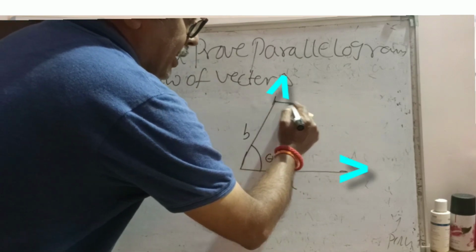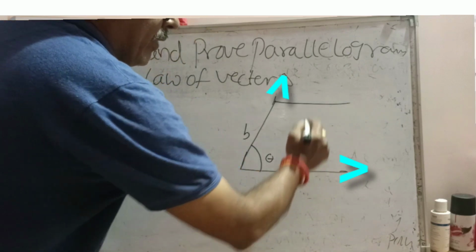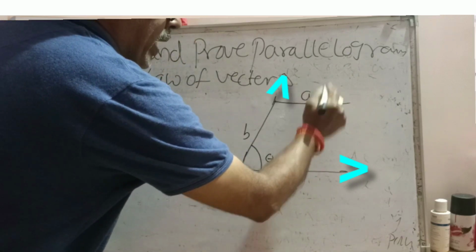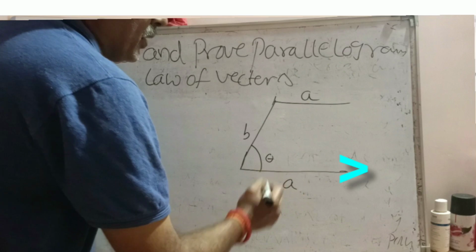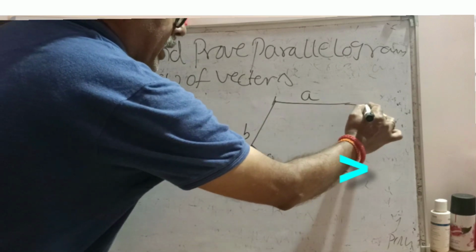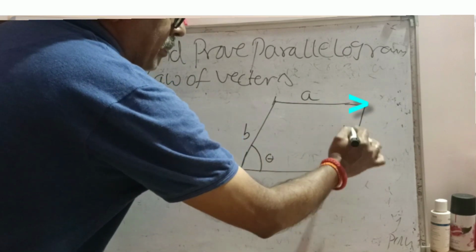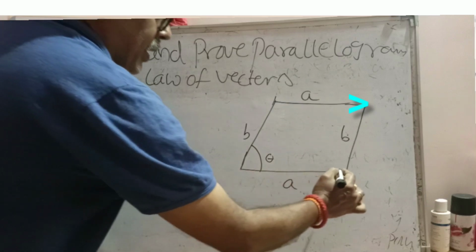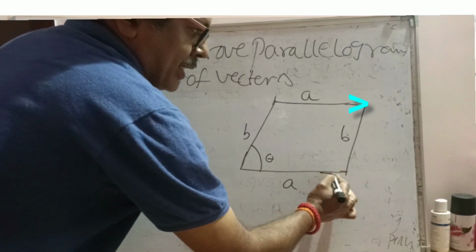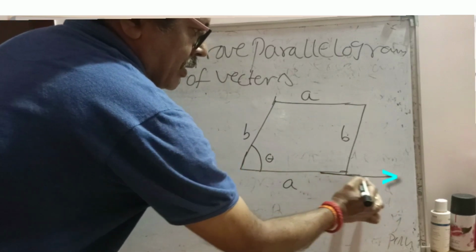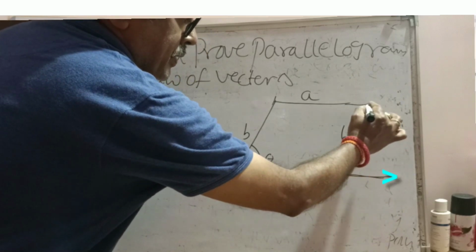In order to construct a parallelogram, let us draw a vector which is parallel and equal to the opposite vector, and draw one more vector which is opposite and parallel to this vector. As a part of construction, let us extend this one to some other point.